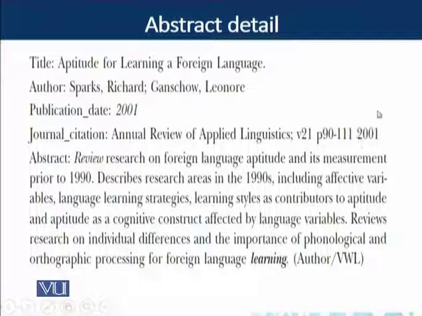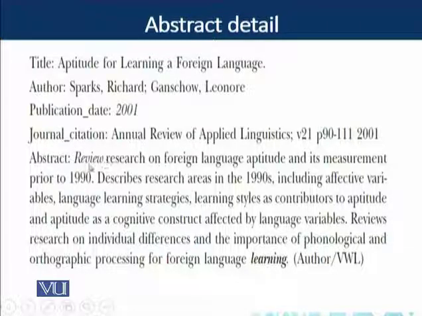You must know all these steps. As a researcher, you must know how these things are interpreted. Then the abstract is given here, but here is a point: it's a review. This term, review, shows that it's a position paper.